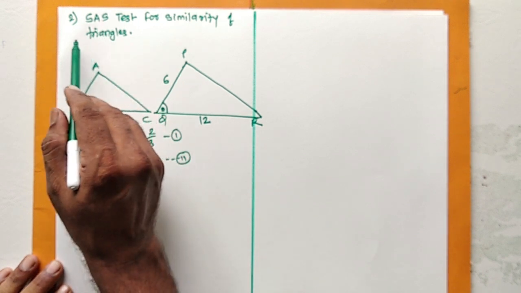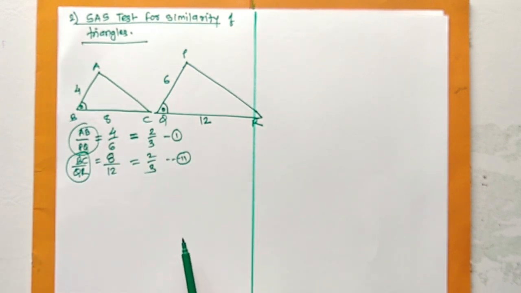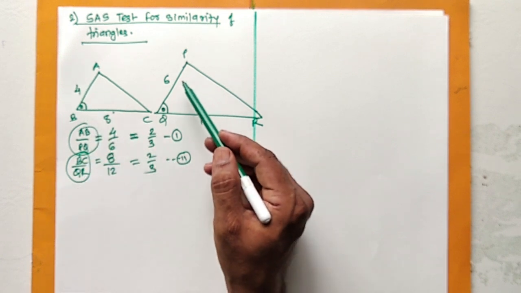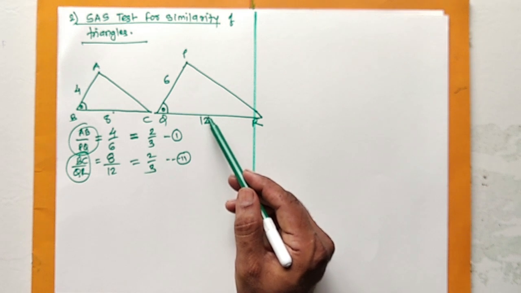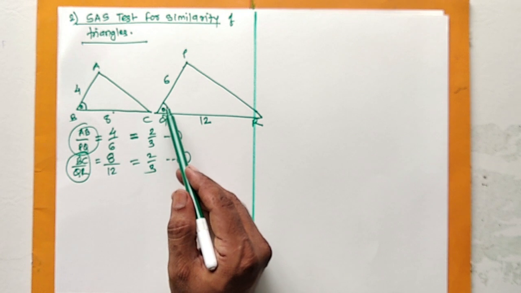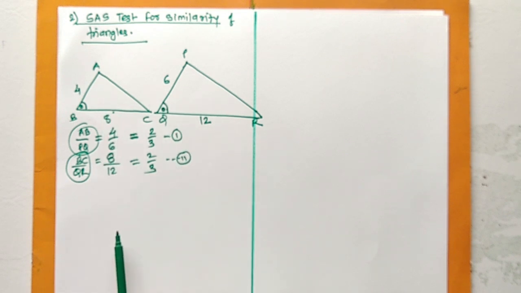The statement of this test is: for a given correspondence between the vertices of two triangles, if two sides of one triangle are proportional to the corresponding sides of the other triangle and the included angles between them are congruent, then the two triangles are similar.